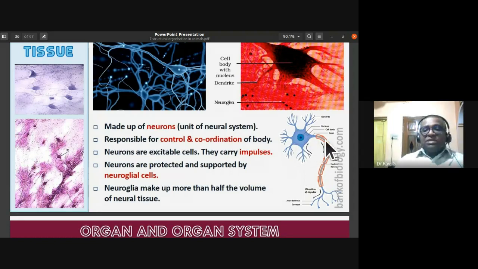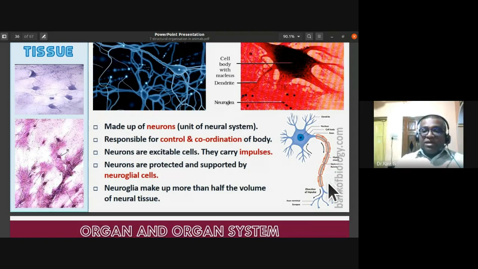They have a single axon which carries the impulses. So the impulses are brought to the cyton, the cellular component, by the dendrites, and they are carried away from the neuron by the axon. The axon is covered by a myelinated layer. They have the Schwann cells covering them, and in between we call it the node of Ranvier.